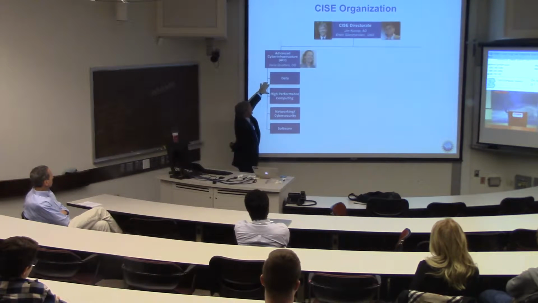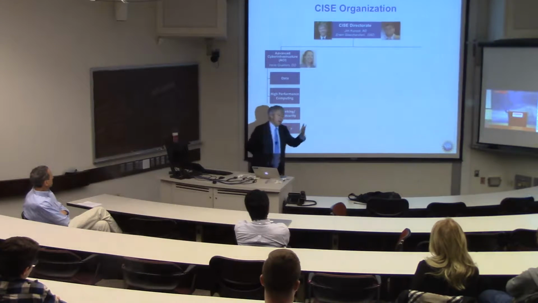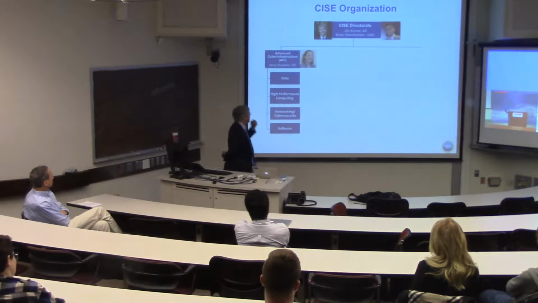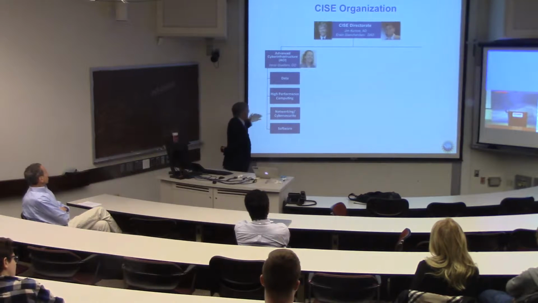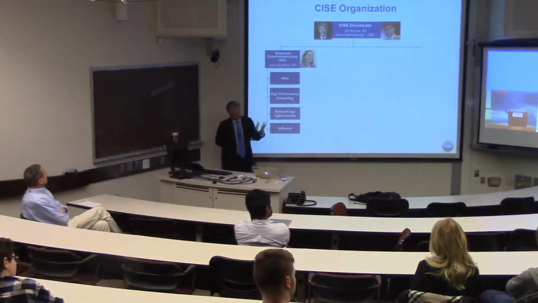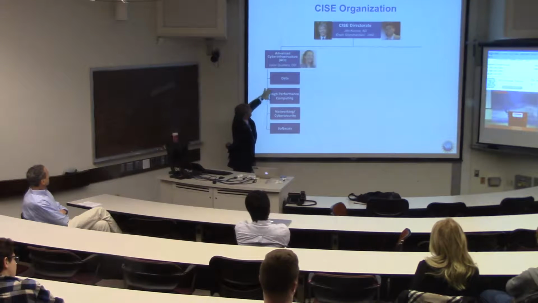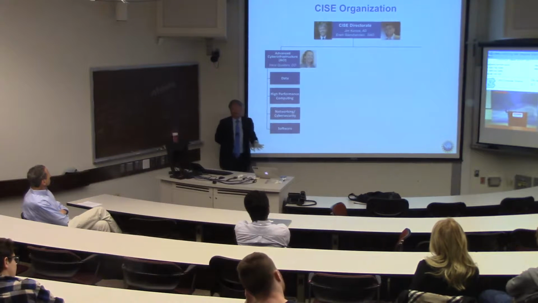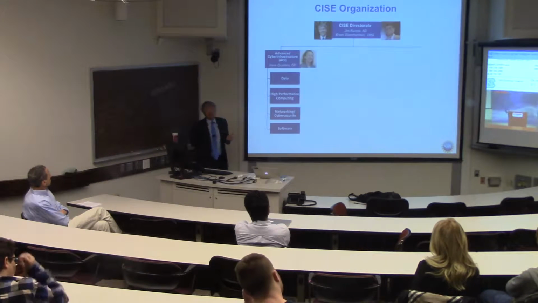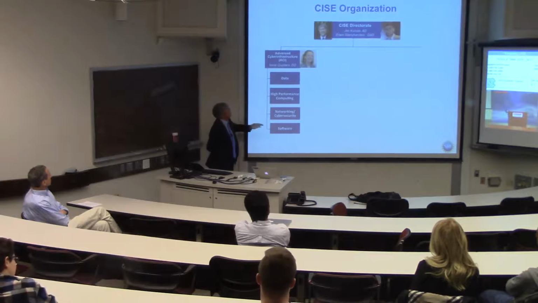This is actually a division within CISE right now, but it serves all of science and engineering: physics and math and chemistry and engineering and biology and education, social, behavioral and economic sciences. So this division provides high performance computing, networking, security, software, a lot of research and infrastructure programs that serve the whole foundation.